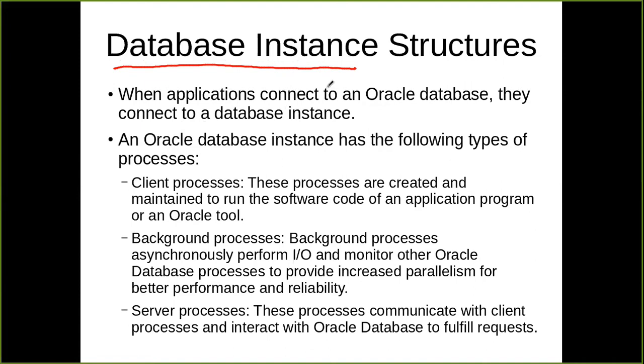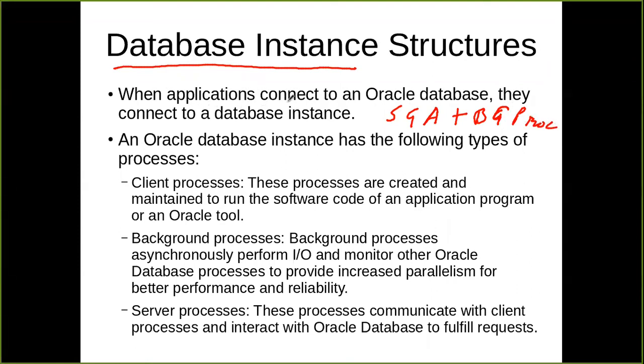Now coming to the instance, what is the internal structure of the instance, what does it contain? We have already discussed that the instance contains the SGA plus some background processes.